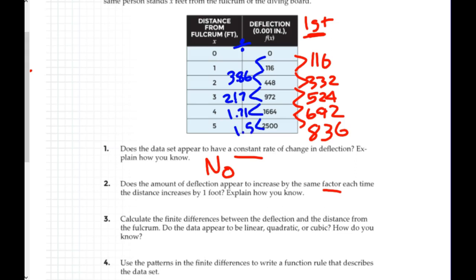The ratio we would be multiplying by as a factor is decreasing significantly each time, so no, not by the same factor either.